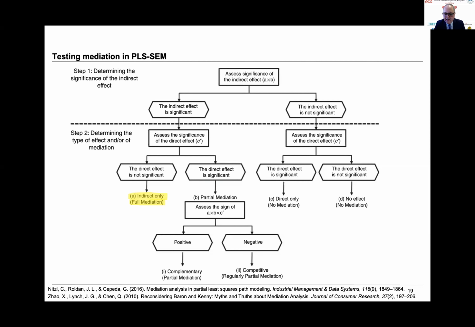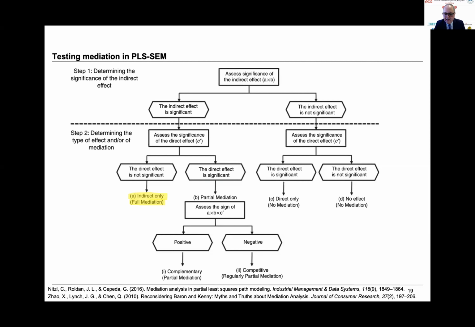You can see in the figure three types of variable: the independent or exogenous variable, X; the dependent variable, Y, also named endogenous variable; and this one, M, is the moderator variable.